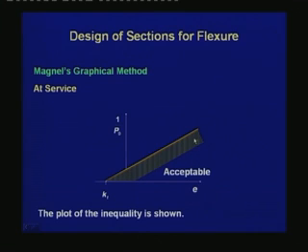When we plot this inequality relationship, the straight line passes through the point E equal to minus kT, and the values of 1 by P0 have to be less than or equal to those on the straight line. Hence the region below the straight line is the acceptable region for the combination of 1 by P0 and E. Thus, we have the fourth inequality relationship and the corresponding straight line in the 1 by P0 versus E plane.